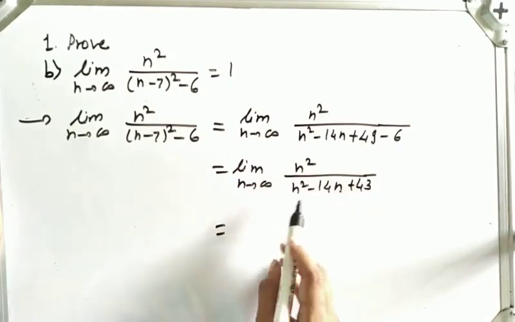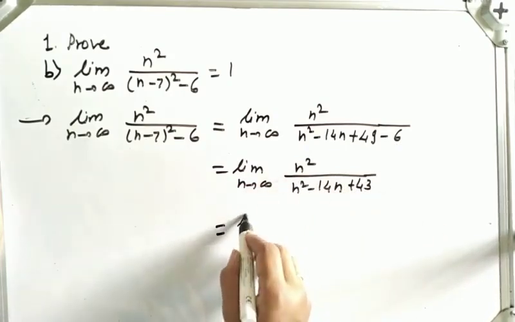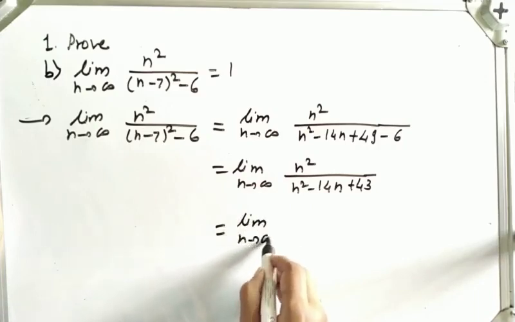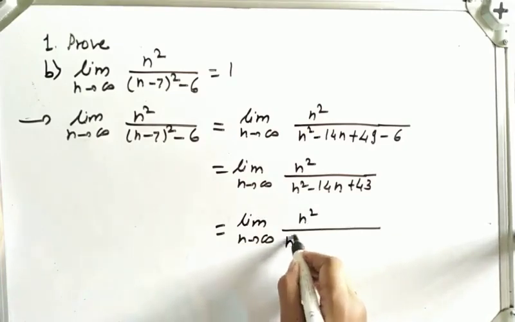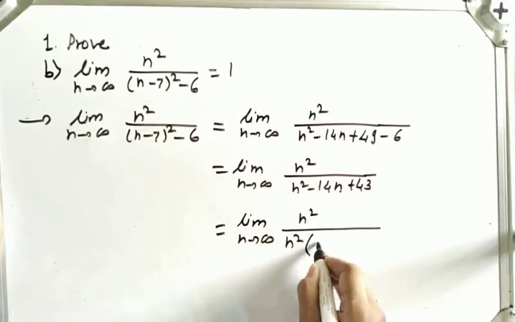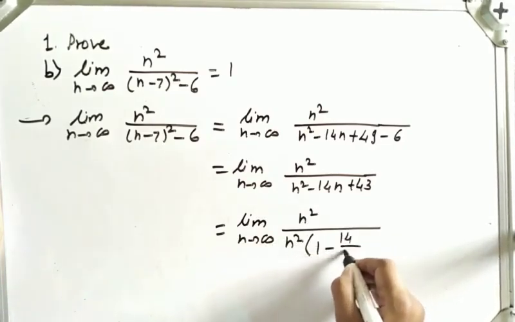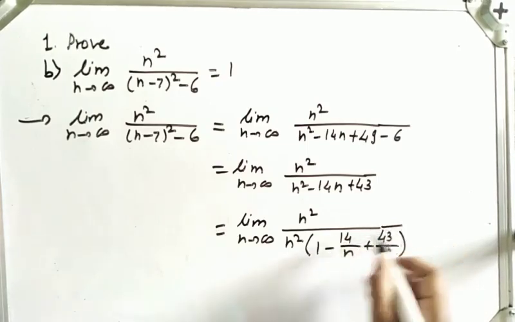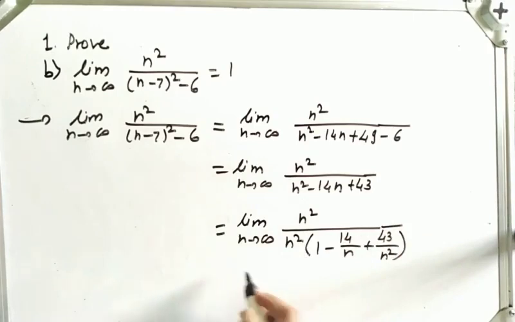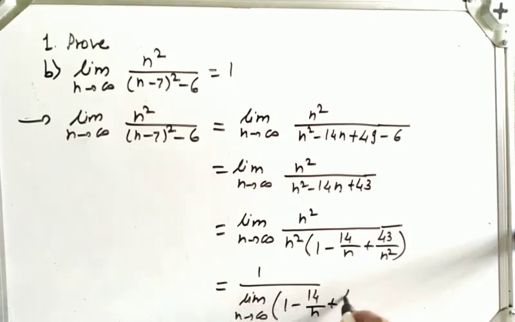Now which is the highest power? n square is here. So limit n tends to infinity n square here. From the denominator we will take n square common. So in bracket there will be 1 minus 14 upon n plus 43 upon n square. Okay, n square will get cancelled. So it is equal to 1 upon limit n tends to infinity in bracket 1 minus 14 upon n plus 43 upon n square.